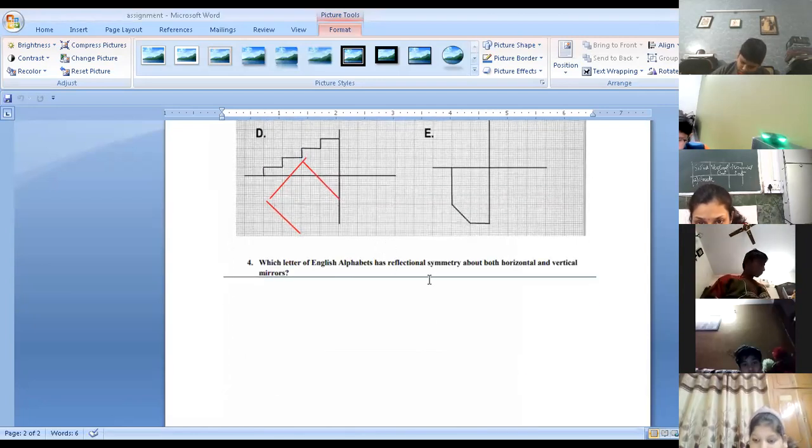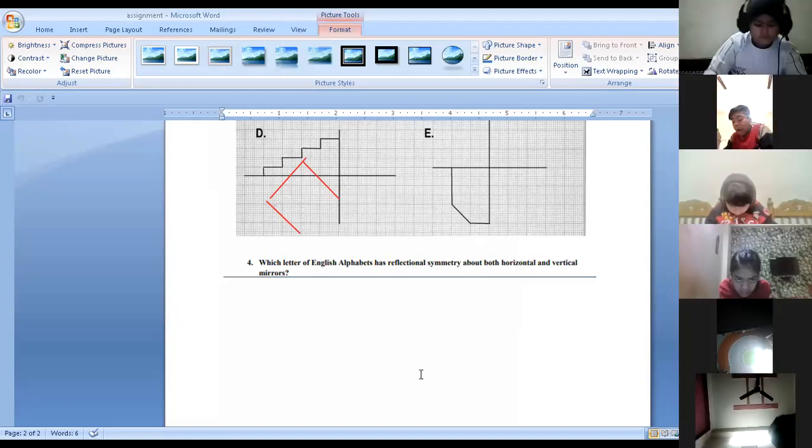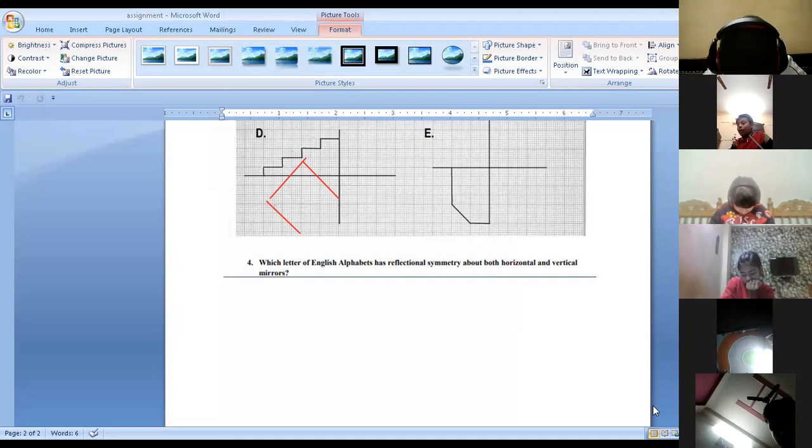Which letter of English alphabet has reflectional symmetry about both horizontal and vertical mirrors? So you have to draw the English alphabets which are having both symmetry, horizontal and vertical, and draw those lines of symmetry in it. Right, Charvi? Your answer is absolutely right.